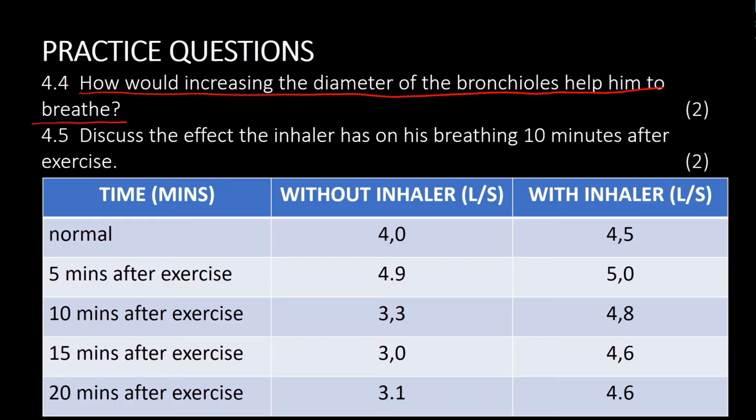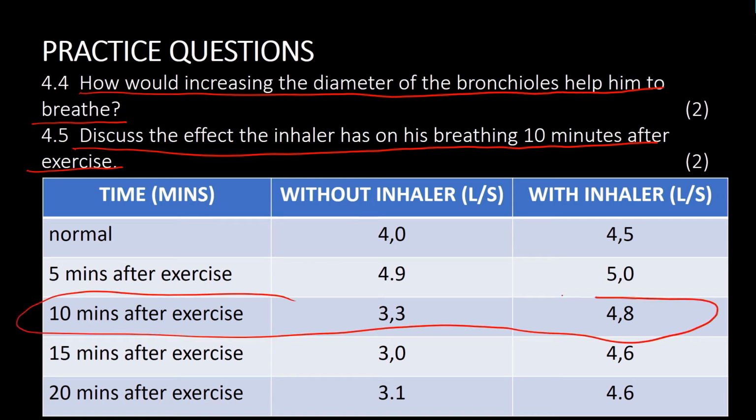Then, discuss the effect the inhaler has on his breathing 10 minutes after exercise. So you find where it says 10 minutes after exercise, that's this row there, and it says discuss the effect the inhaler has on his breathing, and what you basically have to do is compare.